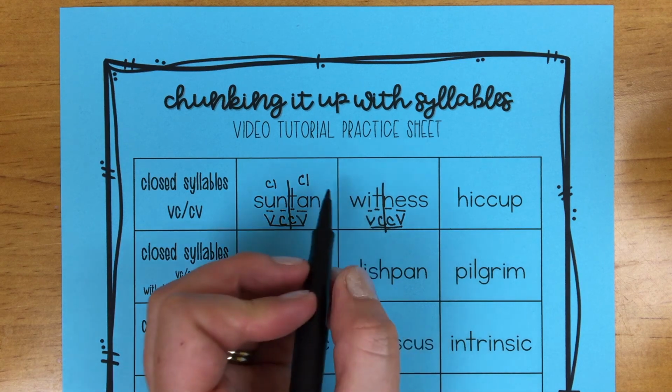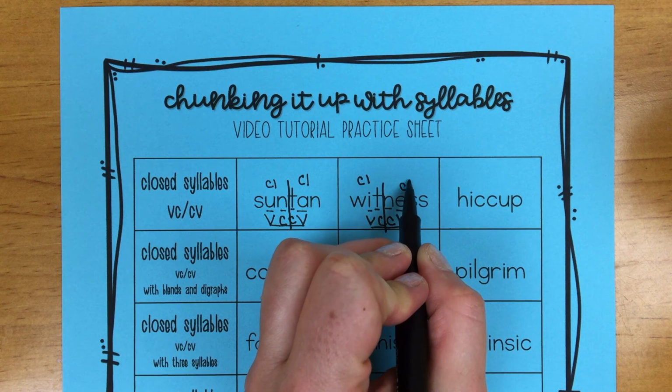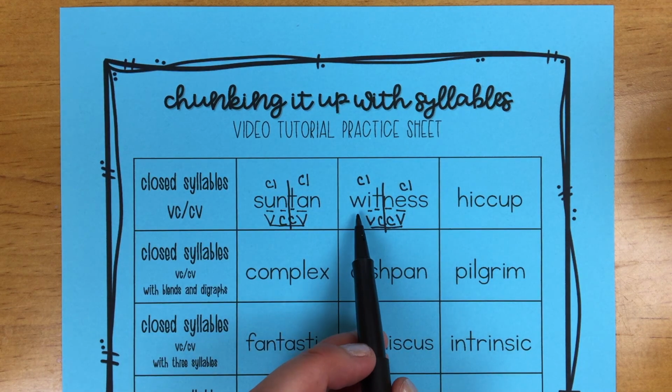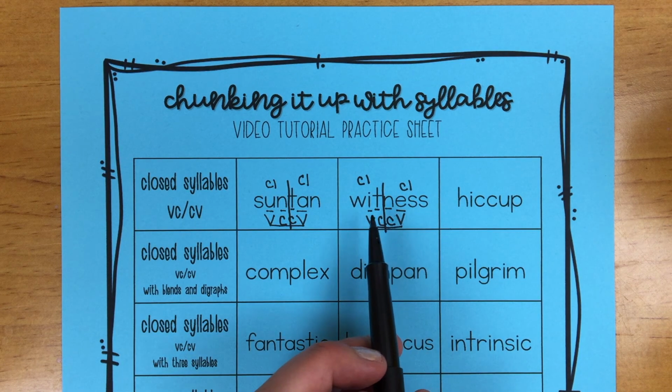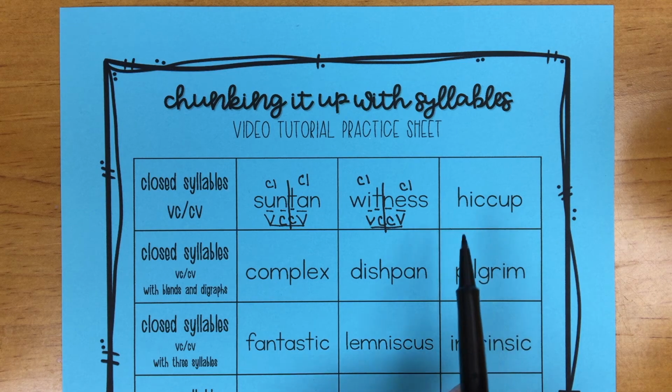I have short vowel sounds because of my closed syllables. So my word is witness. Go ahead and pause the video. You can try this word on your own, and when you are ready, resume the video to see the answer.